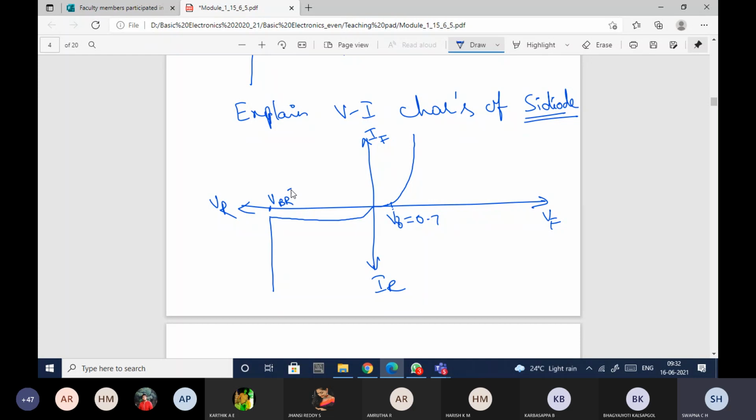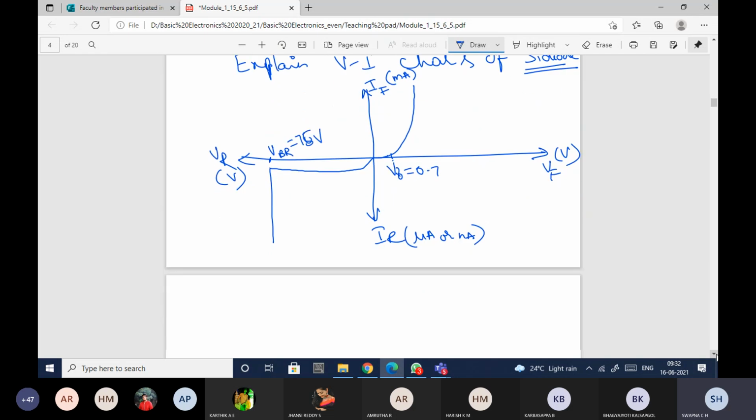Generally, the typical value of VBR will be 75 volts, and generally IF will be in milliamperes and IR will be in microamperes or nanoamperes. This axis is in volts, and even this is in volts. So these are the forward and reverse VI characteristics of the silicon diode.